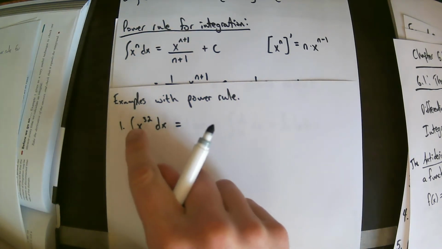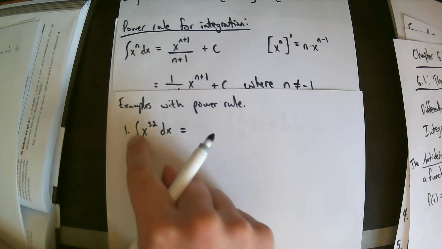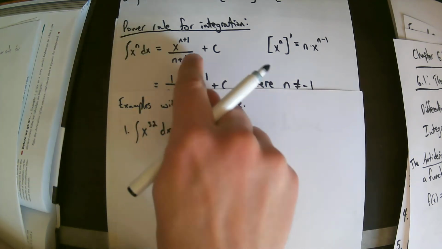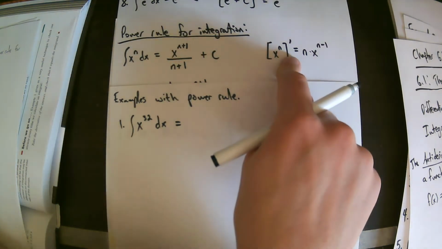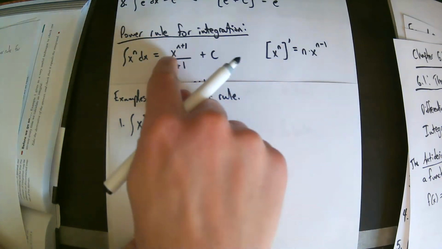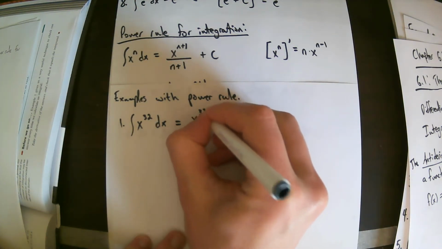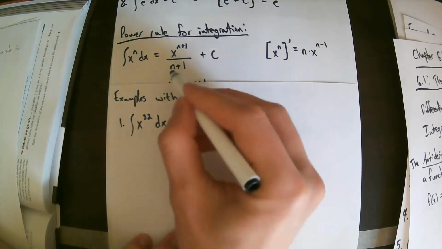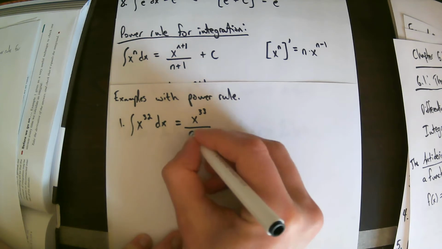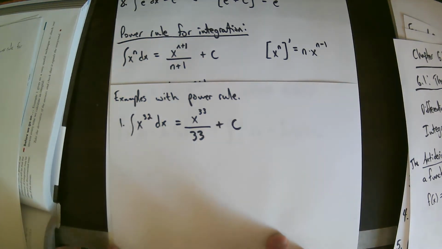I'm asking you to find the indefinite integral of x to the 32nd by using this rule that undoes the power rule for differentiation. So it's going to be x to the 33rd, because n is 32, over 32 plus 1, so 33, and then plus c. See, not too bad.